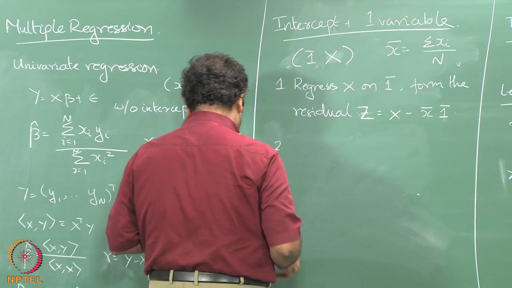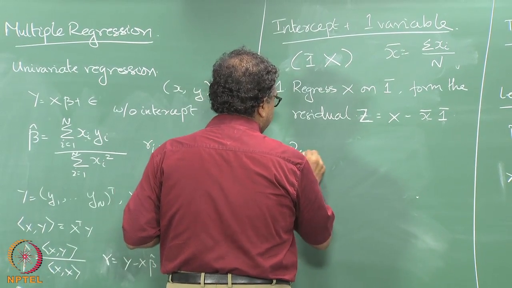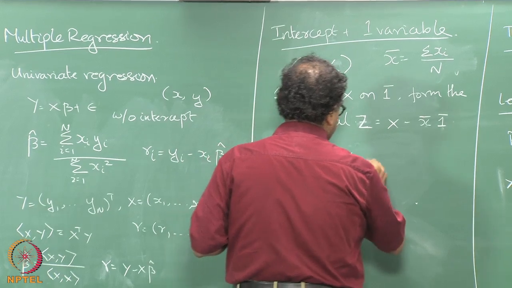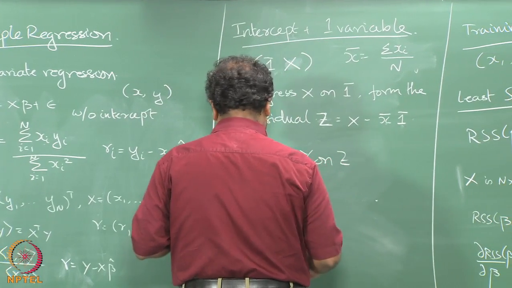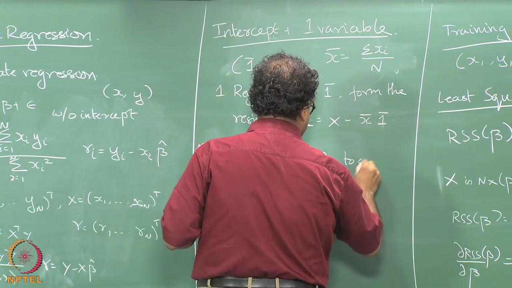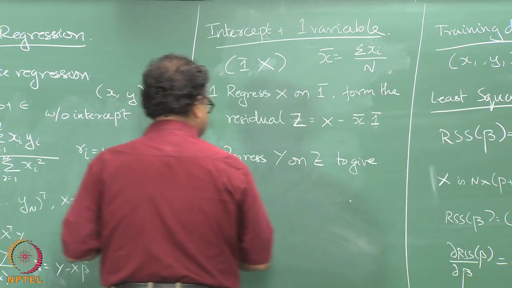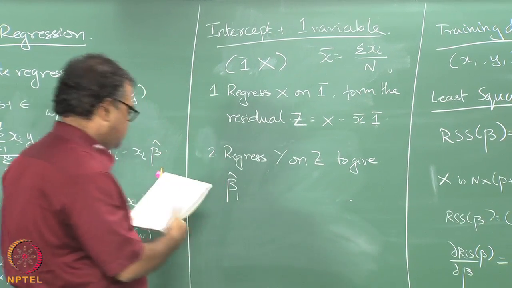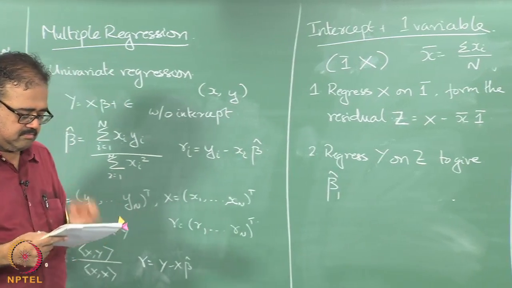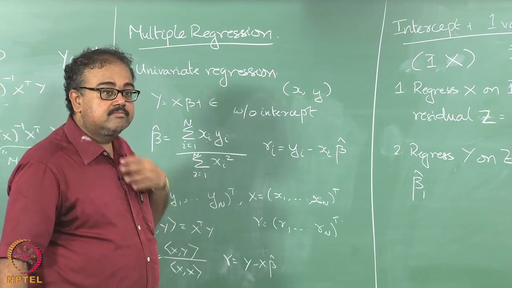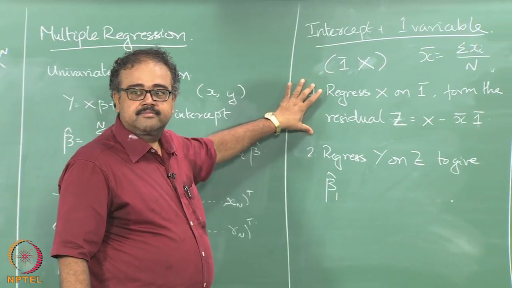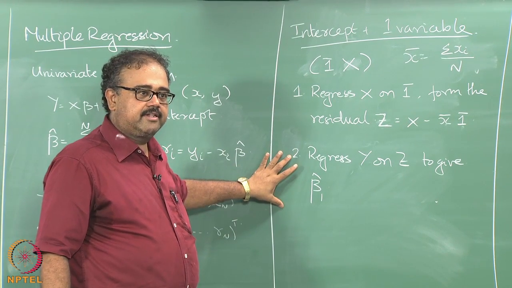The second thing I will do is now regress y on Z. So this is one univariate regression, and this is another univariate regression.